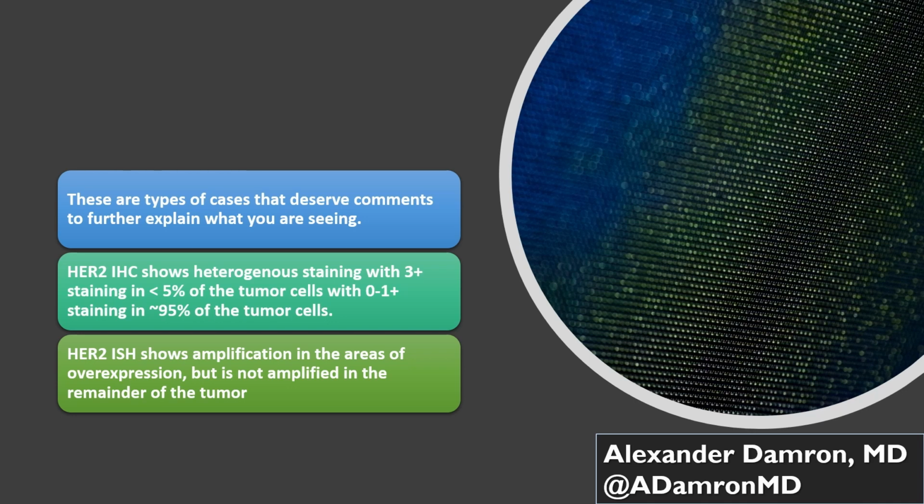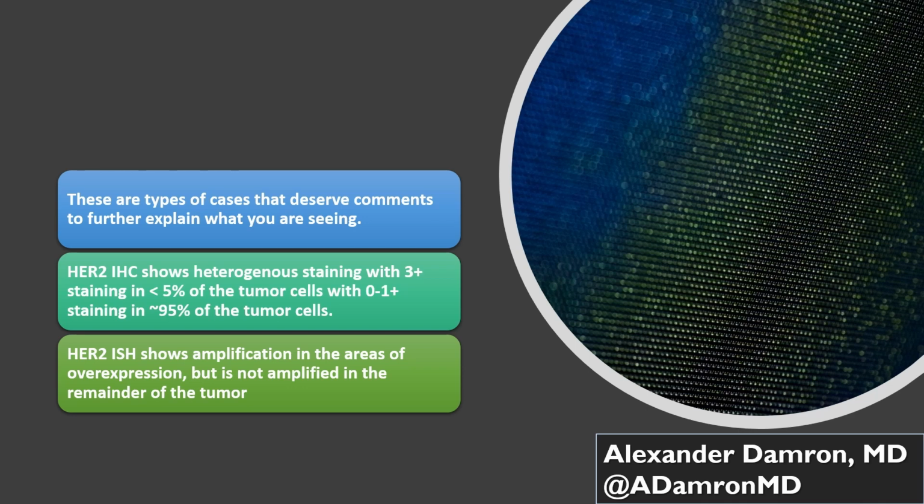And these are the cases that are going to make you think, am I giving them the right information? Am I presenting this in a way that's going to help this patient? And I think that if you approach it like that, and if you present what you see, in those cases that don't necessarily fit the mold very well, then you're going to give the clinicians a clear picture of what you're seeing.